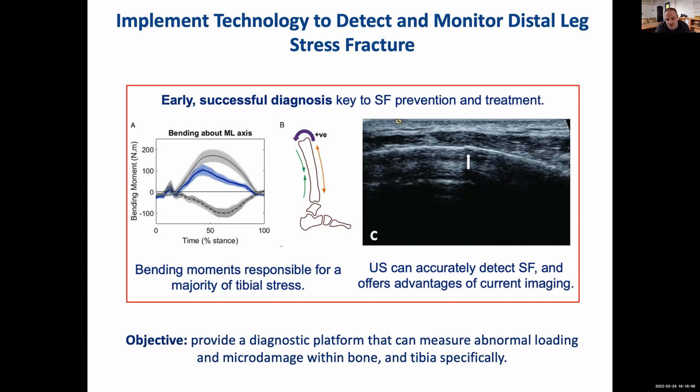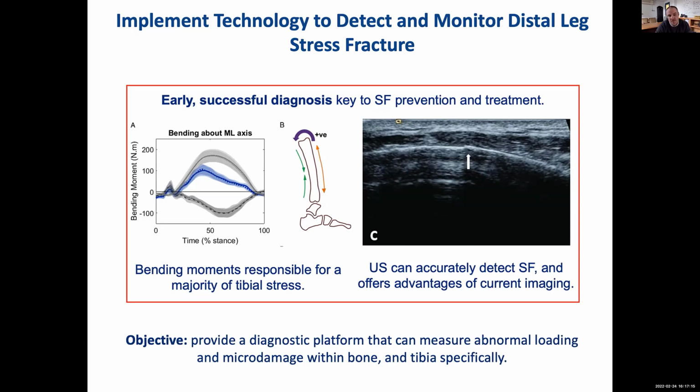One of the issues is these stress reactions are often misdiagnosed as shin splints, and the athlete, soldier, whoever continues on with physical activity and then develops a stress fracture. Whereas if they had just accurately diagnosed the stress reaction at the initial physical consultation, a short rest period would prevent the development of stress fracture.